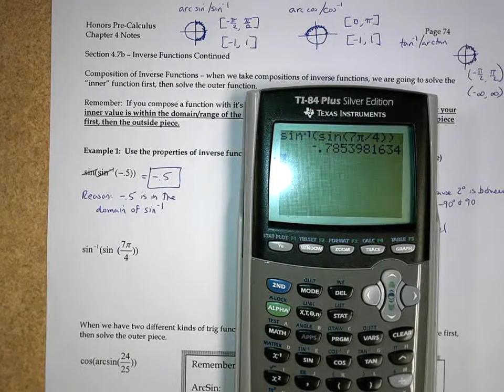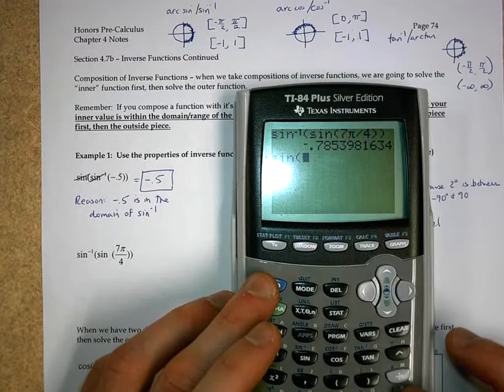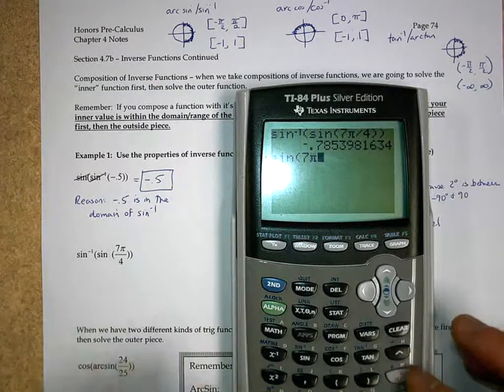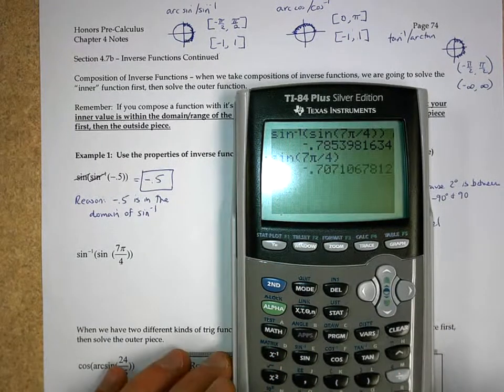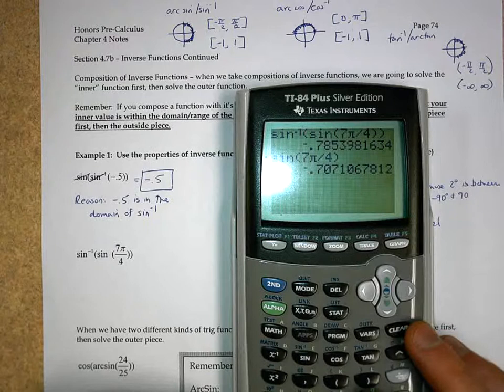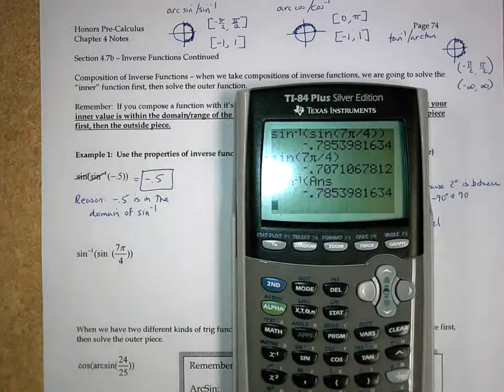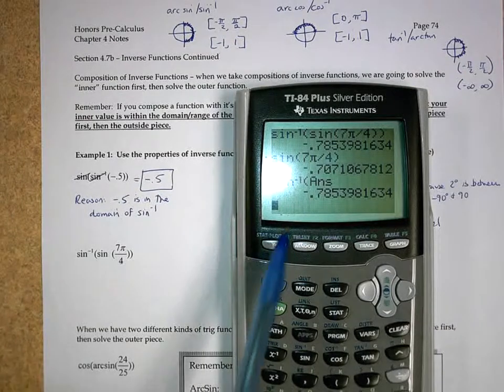divided by 4, I can see I get this negative 0.7853, and the sine of 7 pi divided by 4, yeah, negative square root of 2 over 2. So there is no exact correlation between those two. So you can see when I do work it out, they don't perfectly cancel out.